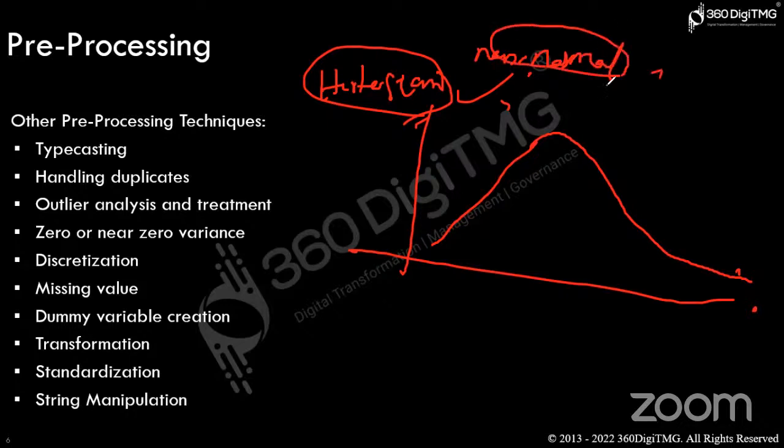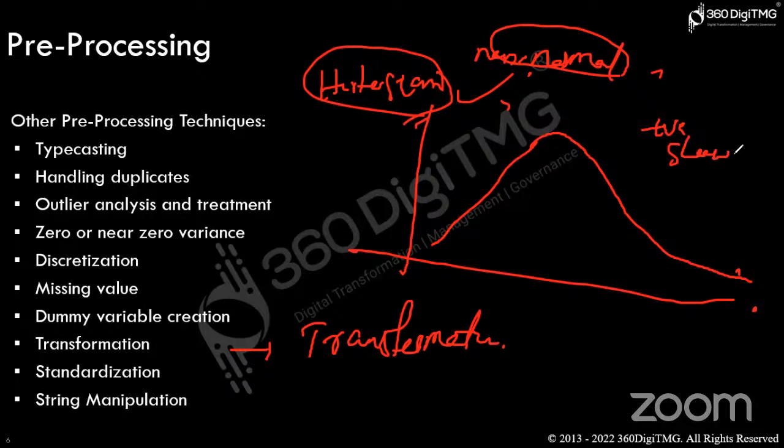In order to convert non-normal data to normal data, you have to do transformations. When there is a tail on the right side, it is also called positive skewness. We'll discuss that in the next slide. But it is non-normal data. When you convert non-normal data to normal, that is called a transformation.